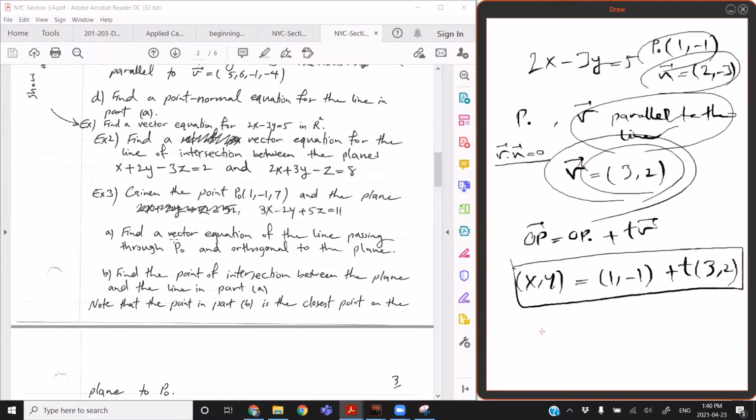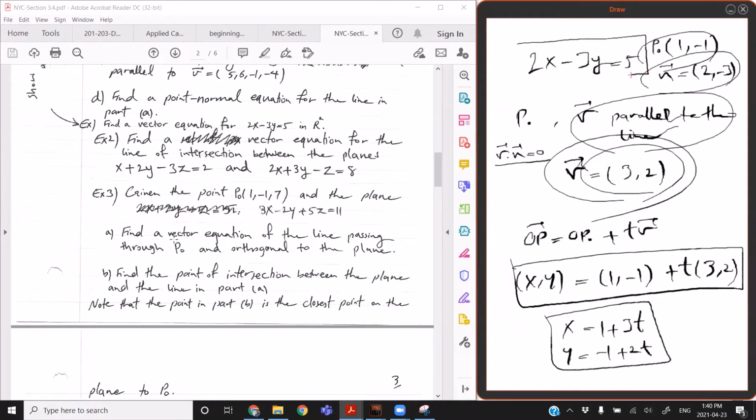And for the parametric equation, I can use the same thing, just separate the x and the y. X is going to be 1 plus 3t, and y is going to be negative 1 plus 2t. So this would be a vector equation for the line. This would be a set of parametric equations for the line.